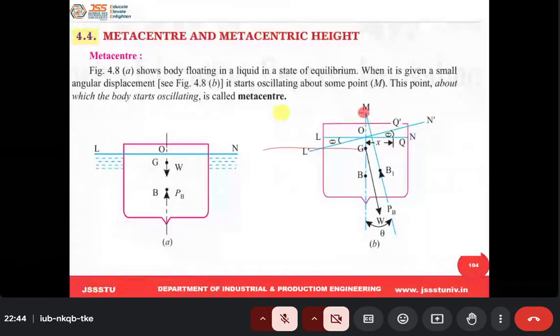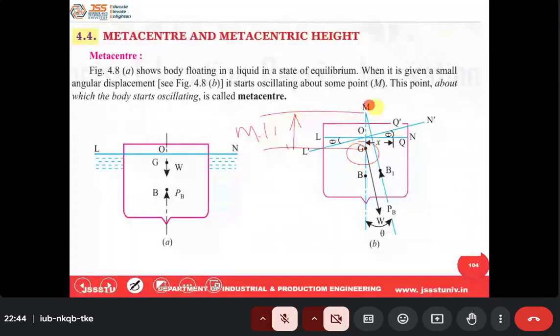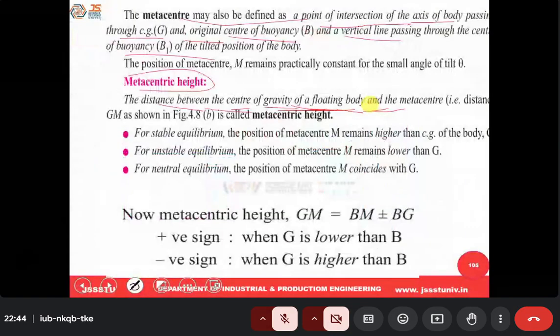G to M, this distance is called what? Metacentric height. And the center of gravity of that body to the metacenter, with respect to that point the body is going to oscillate. ಅಲ್ಲಿಂದ ಅಲ್ಲಿರೋ ಡಿಸ್ಟೆನ್ಸ್ ನ ಹೈಟ್ ನ ಮೆಟಾಸೆಂಟ್ರಿಕ್ ಹೈಟ್ ಅಂತ ಕರಿತೀವಿ.